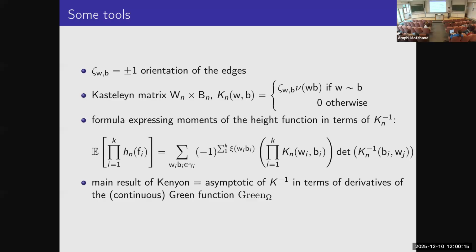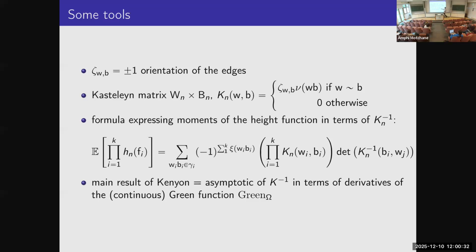And you can also express the height function or expectation of height function in terms of this inverse Kasteleyn matrix. So you have formulas like this. This is quite big, but you have on the left moments of the height function at different points.